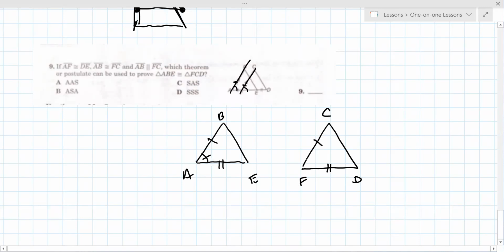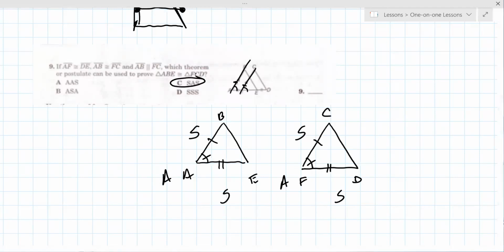So you got side, angle, side on this one, side, angle, side on this one.